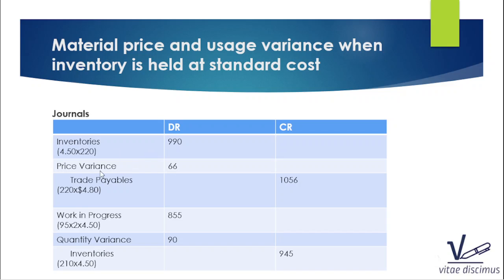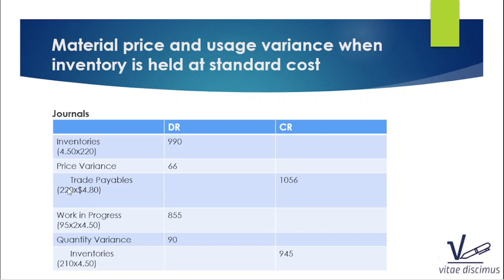When we purchase the material, considering that we record in our books at standard cost of $4.50, we end up having a price variance immediately.